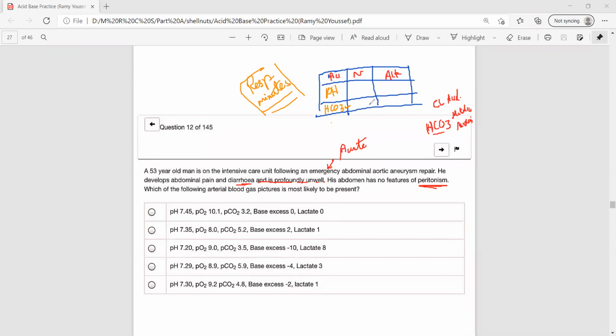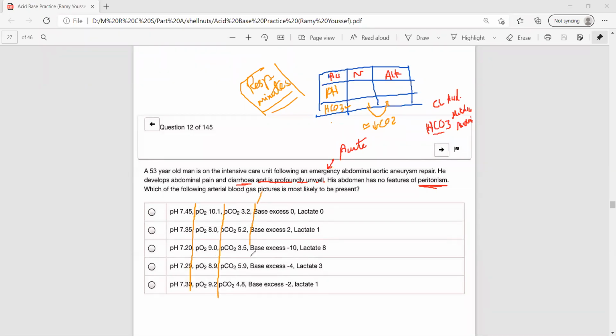You expect CO2 to be low or normal? For me, I expect it to be low. So I'm expecting a case of metabolic acidosis.